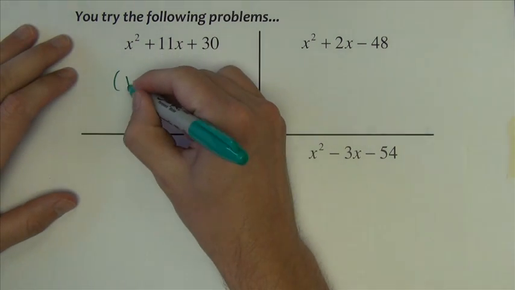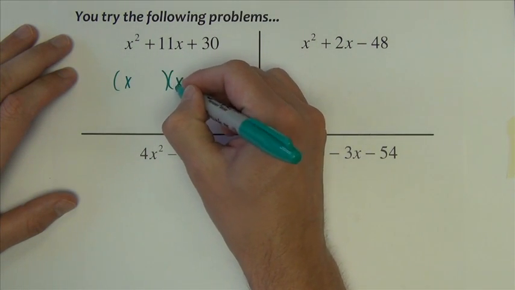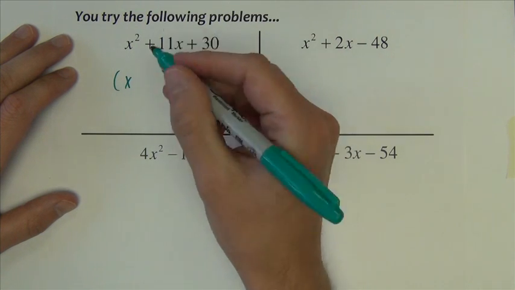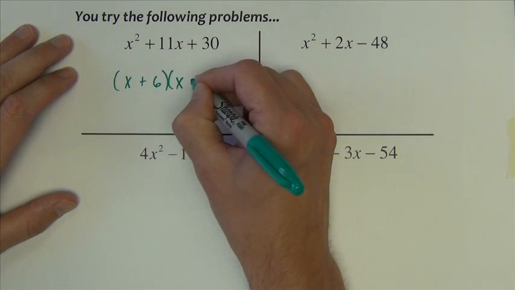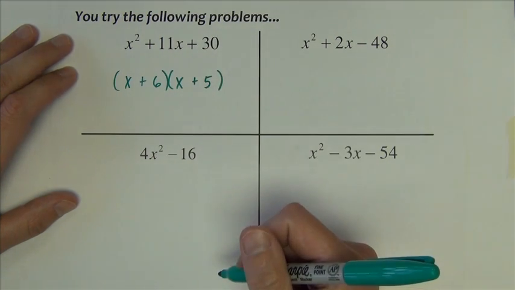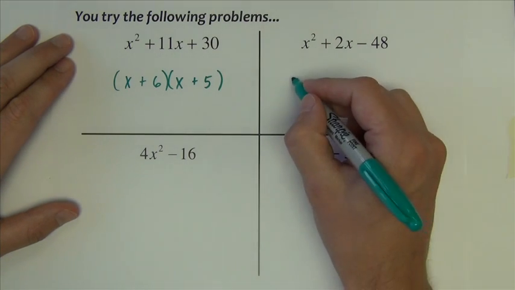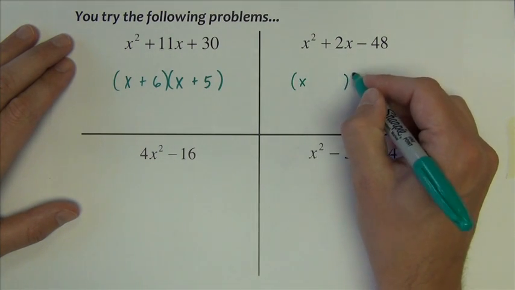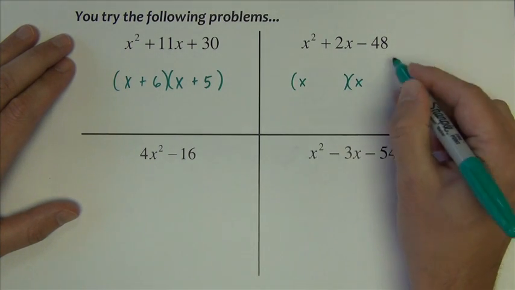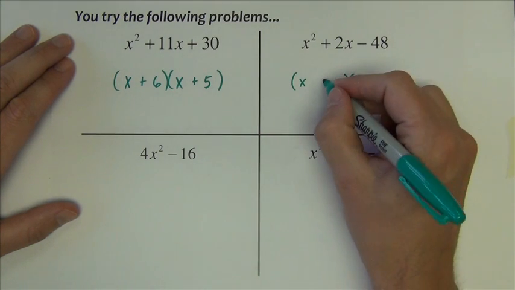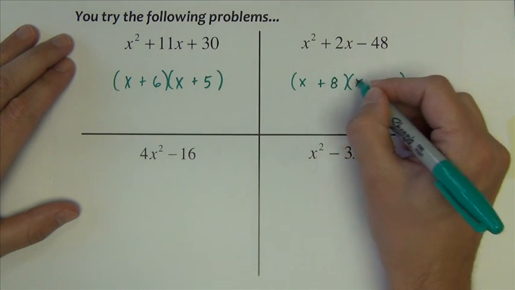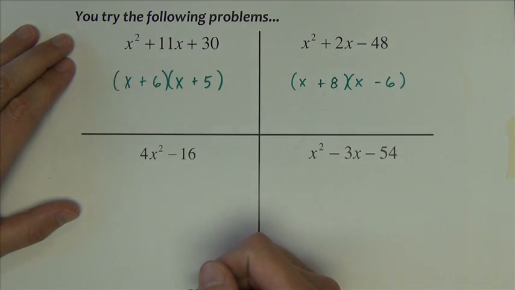First one. Multiply to 30, add to 11, so x plus 6, x plus 5. Next one, we want to multiply to negative 48, add to 2. It's going to be positive 8, minus 6.